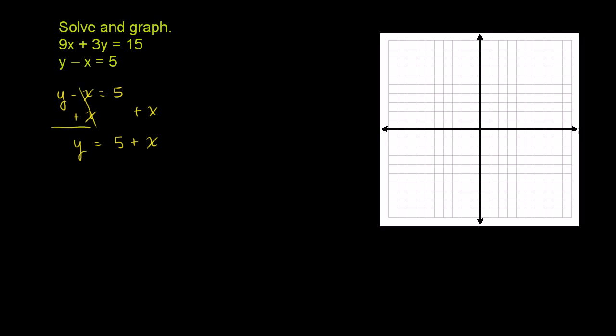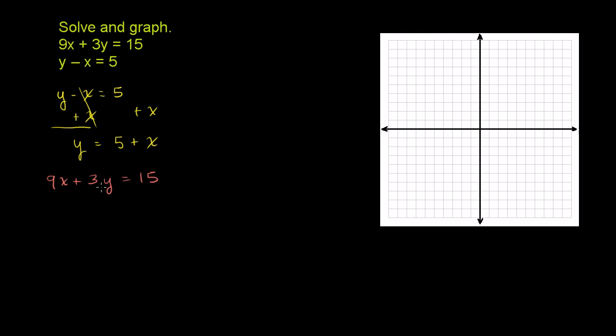So the other equation was, I'll do it in this orange color, 9x plus 3y is equal to 15. This second equation told us, if we just rearranged it, that y is equal to 5 plus x. So we can replace y in the first equation with 5 plus x. That makes sure we're making use of both constraints.